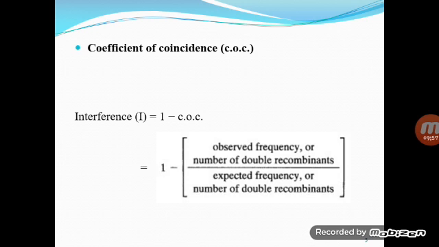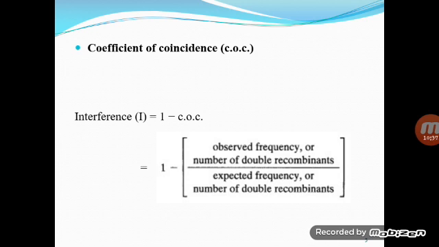How can we calculate interference? Interference, represented by capital I, is equal to 1 minus the coefficient of coincidence. So interference is equal to 1 minus, and we know COC is the observed frequency of double recombinants divided by the expected frequency of double recombinants.